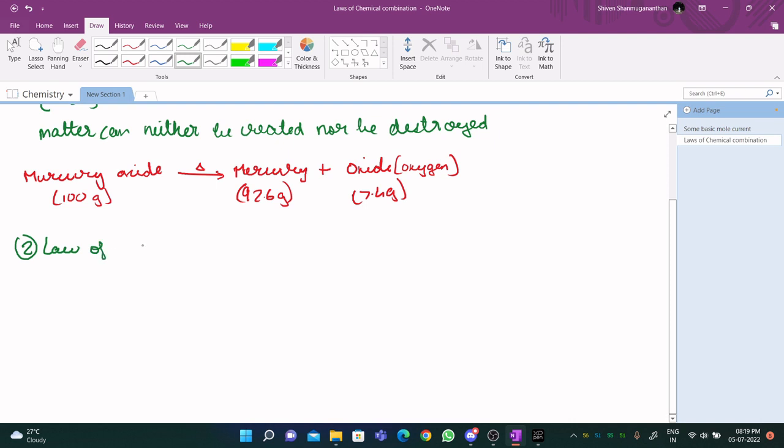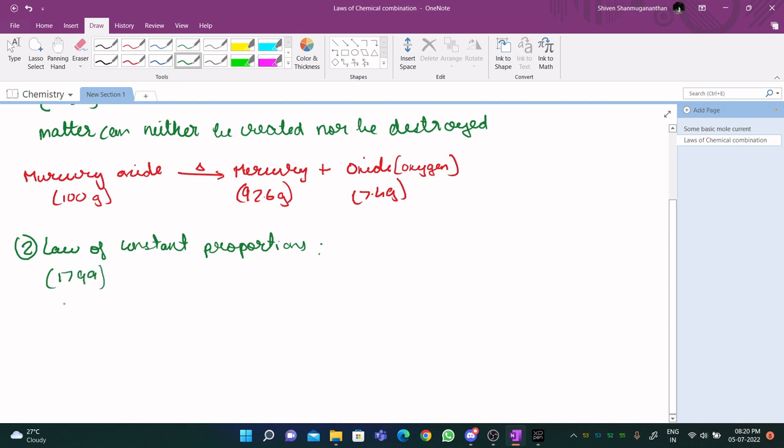Number 2, law of constant proportions. Now, this was given exactly 10 years later. So it's 1799.